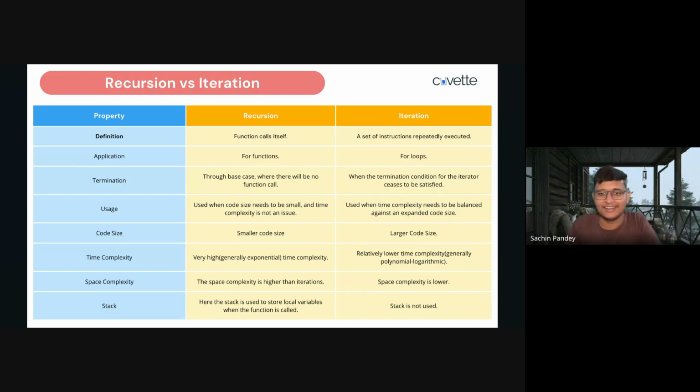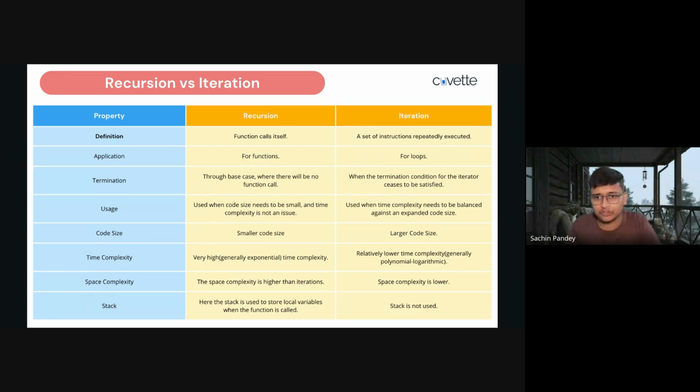N nested loops give n to the power n: n square, n cube, then n to the power 4, then n to the power n. In that case, it can be. But mostly, relatively, iteration has lower time complexity. And recursion has high time complexity because the constraints are also low.